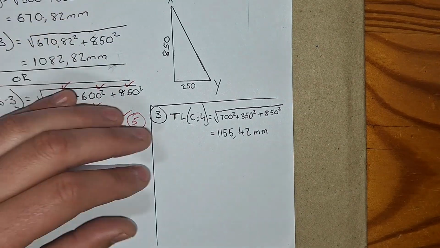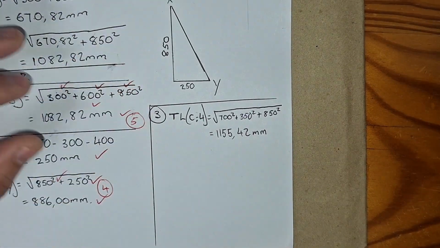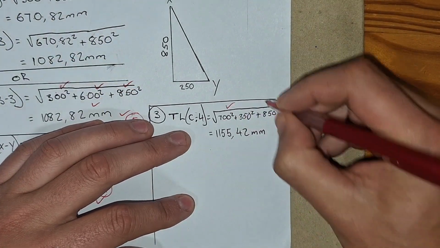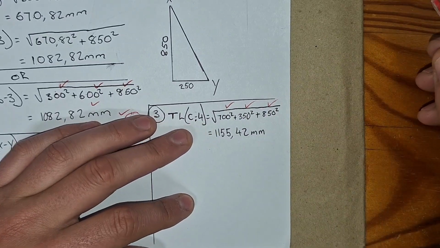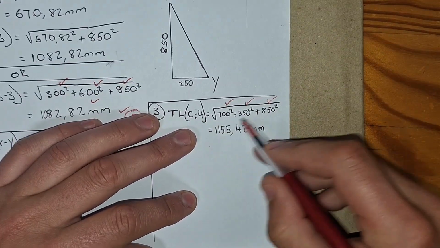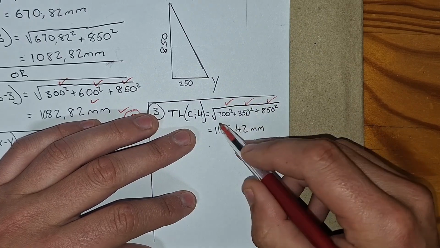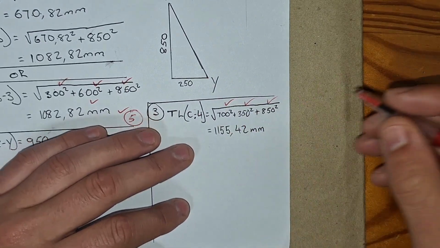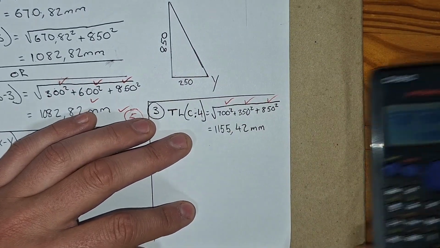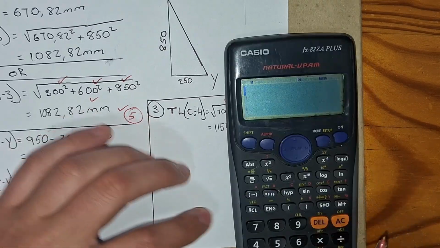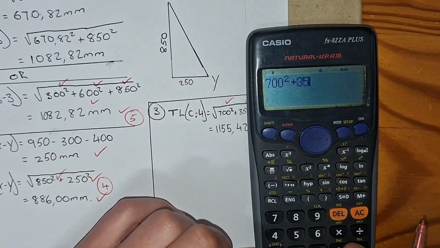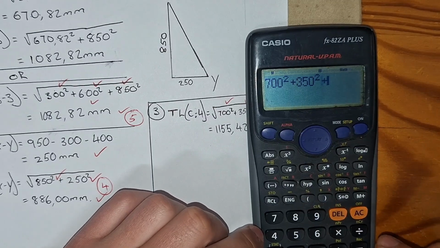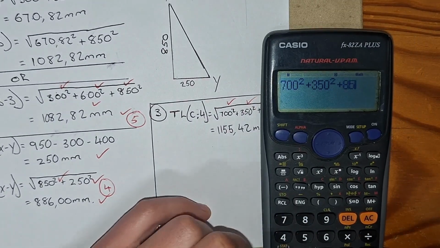Okay, and the mark allocations are given the following way. So 1 each for the 700 squared, 350 squared, 850 squared. All of these together under the square root sign, just have a look here, 700 squared plus 350 squared plus 850 squared.